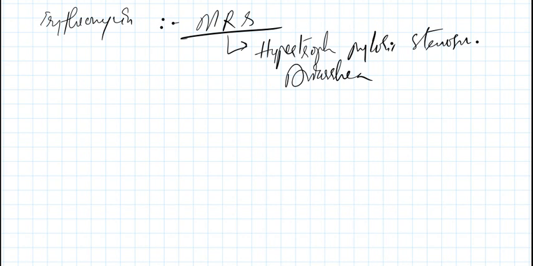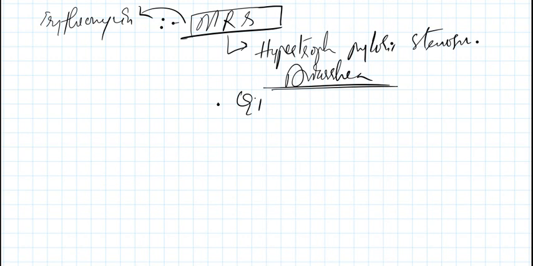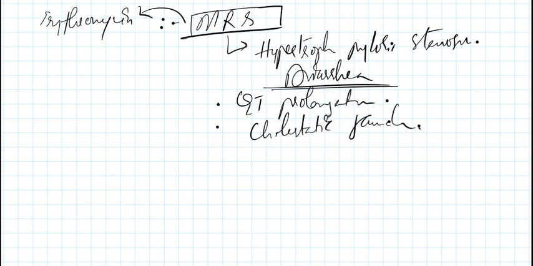It also causes skeletal muscle weakness, and mostly it also causes QT prolongation, and also cholestatic jaundice. Right, these are the side effects of erythromycin.